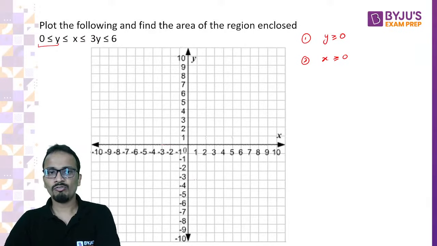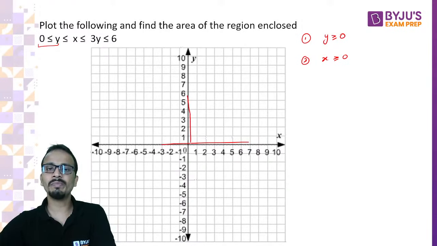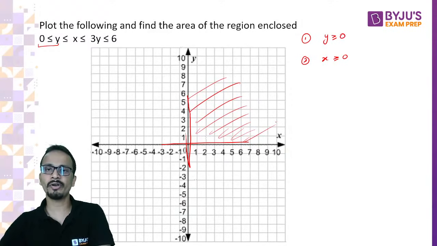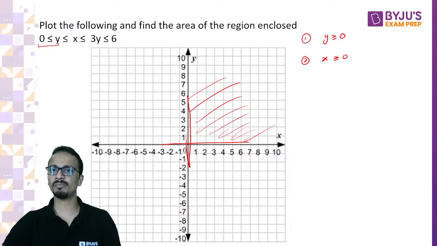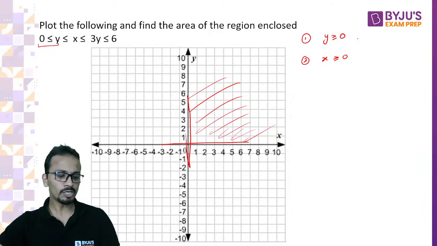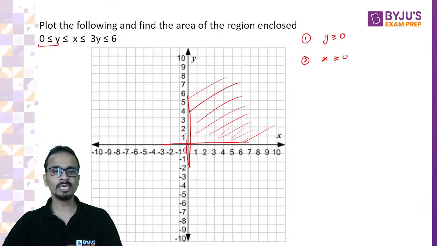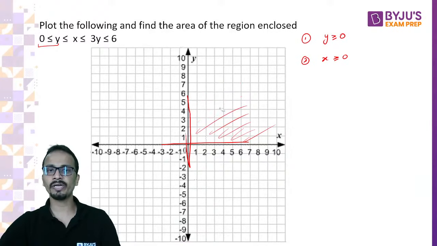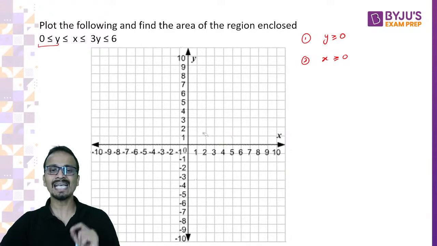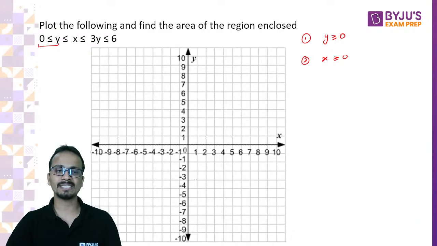So y equal to 0 will be this line, x equal to 0 will be this line, and everything that is covered in the first quadrant will be covered in region number 1 and region number 2. So y greater than equal to 0 and x greater than equal to 0 will be everything that comes in the first quadrant, including the positive x-axis as well as the positive y-axis.